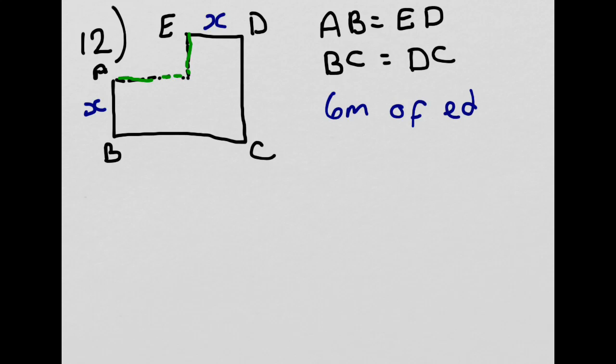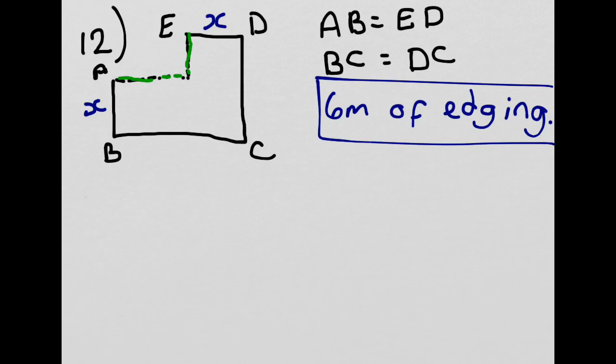Okay, so one thing that's missing from the question I just noticed now is that he uses 6 metres of edging. Okay, so you need to stick that in. So if you use 6 metres of edging, and we know that AB plus BC plus DC plus ED is equal to 6 metres.